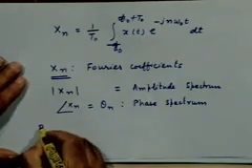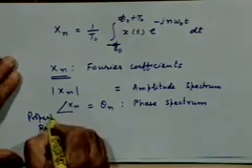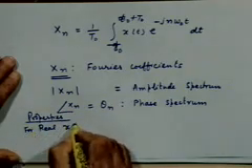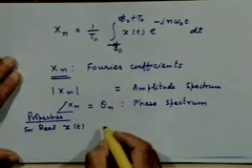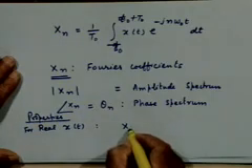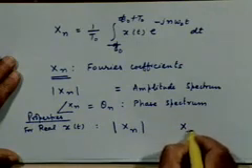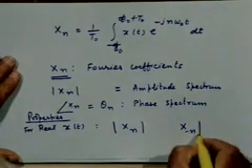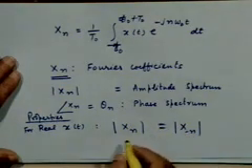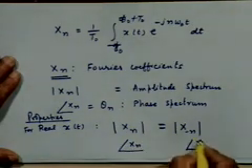Now I am looking at some properties of the Fourier series. For real x of t, what can you say about x of n? In particular, what is the relationship between mod of x of n and mod of x of minus n? They are equal, right? Similarly, what is the relationship between the angle of x of n and the angle of x of minus n?